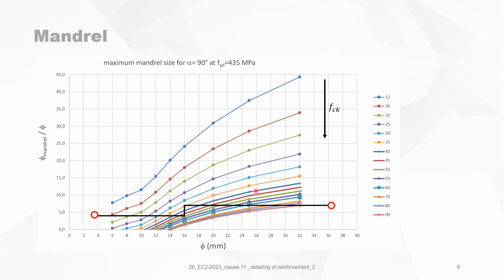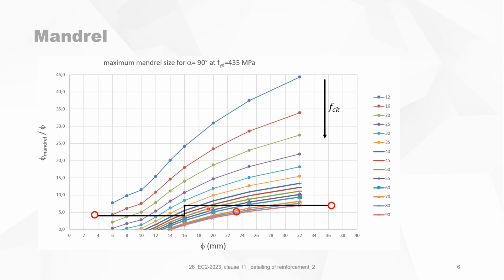In most cases, you will see that the minimum mandrel diameter is not applicable. You can also see that when the concrete quality increases, for high strength concrete, all those curves come almost one on top of the other.